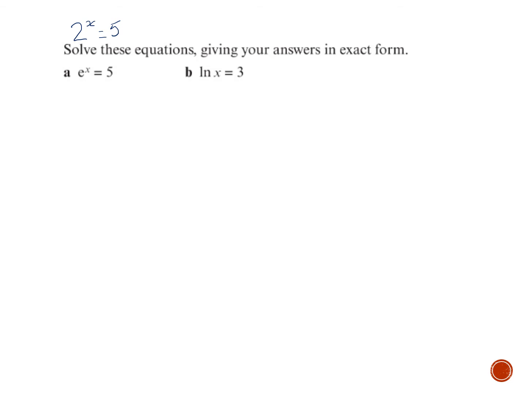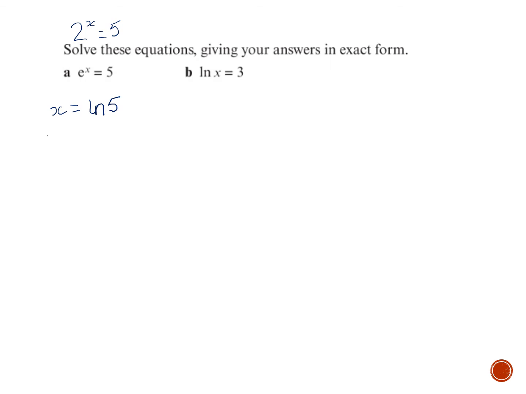Okay, so remember what logs are. What power do I raise the base to get 5? So in this particular one, we would normally write log to the base e, but remember we don't write log to the base e, we write ln, and we write ln of 5.